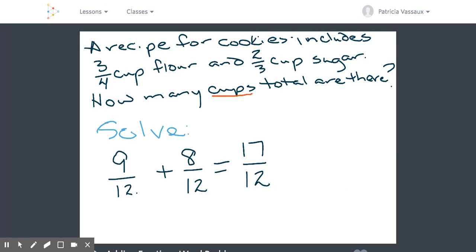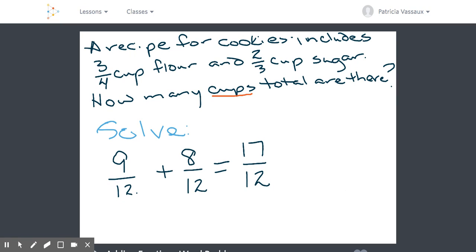Is that the best way to express our answer? Of course not. People would look at you funny if you tried to tell them that in a recipe. So what do we have to do? We notice that the numerator is larger than the denominator, and that means there is more than 1 in this fraction.